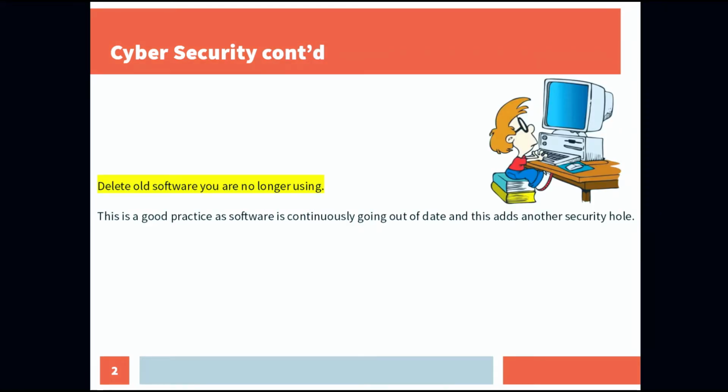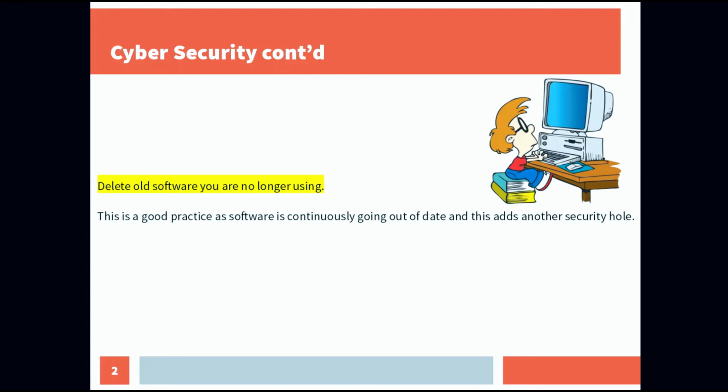Delete old software you're no longer using. Now this is a good one, and something that people often overlook. I've often overlooked it myself, because you keep using your computer and forget about software that you're not using anymore. It's good to go maybe every 6 months or so and go through the software on your computer and see if there's anything you can get rid of that you're not using anymore, and just uninstall it.